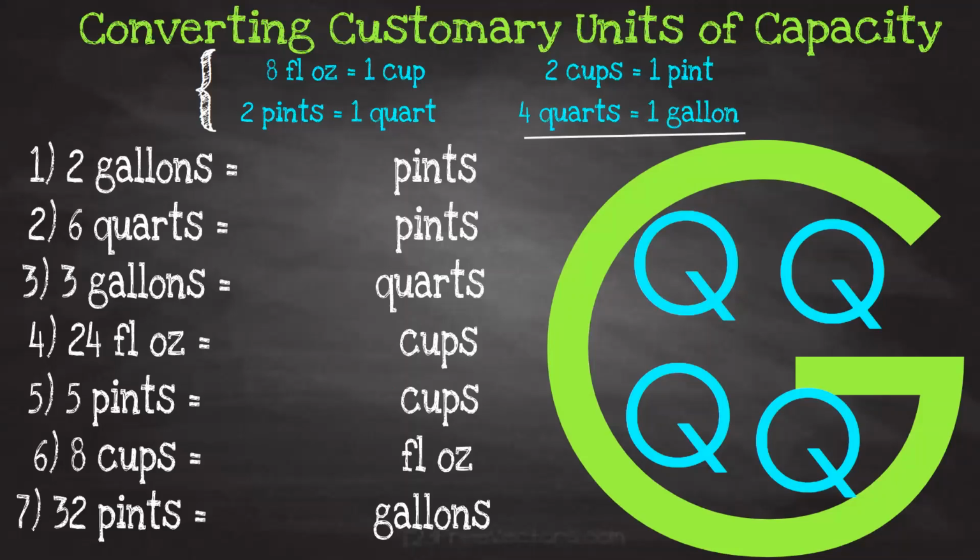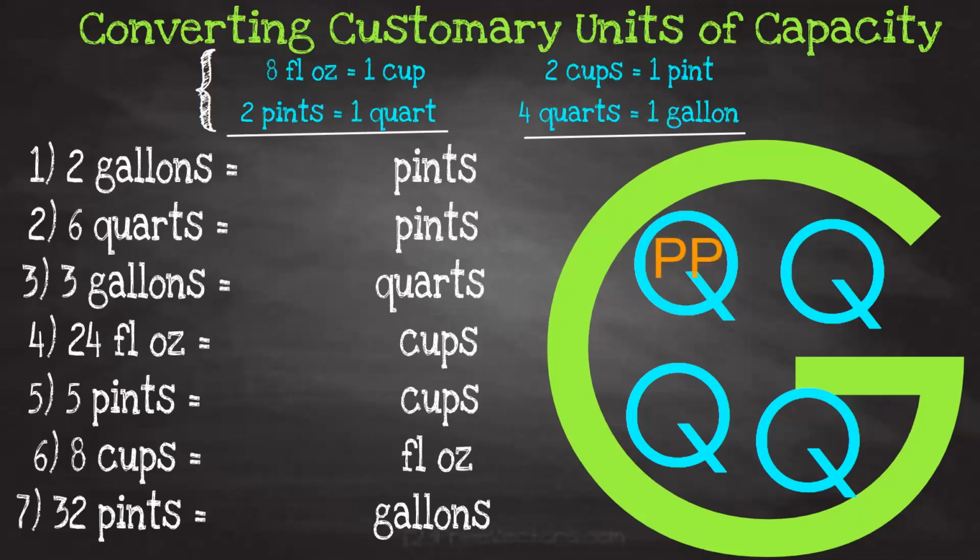Right, now that we have our 4 quarts, our next bit of information tells us that 1 quart has 2 pints in it. 1 quart is equal to 2 pints. So what letter are we going to do next? You guessed it, the letter P. We're going to draw 2 P's inside of each Q. 2 pints go inside of each quart.